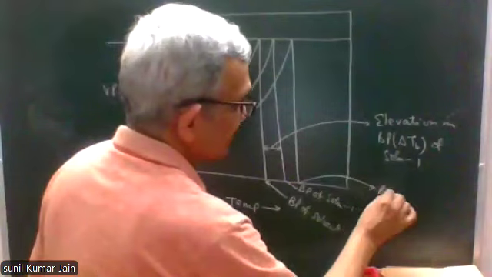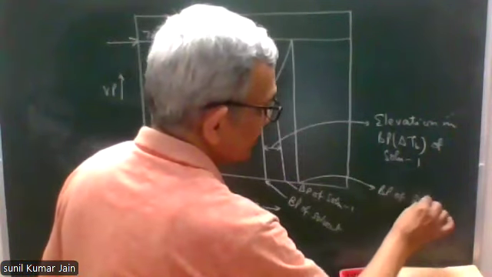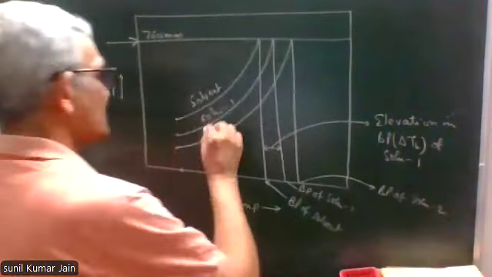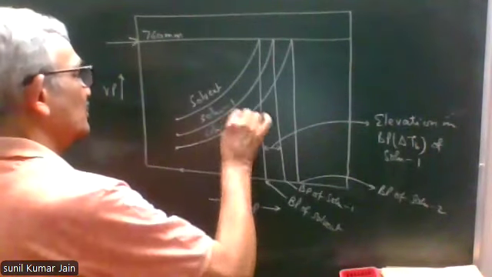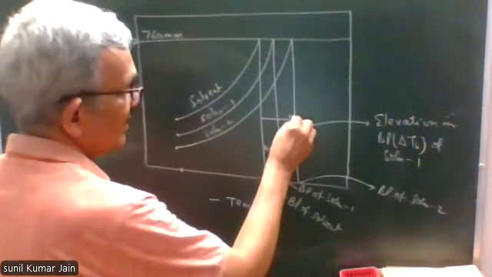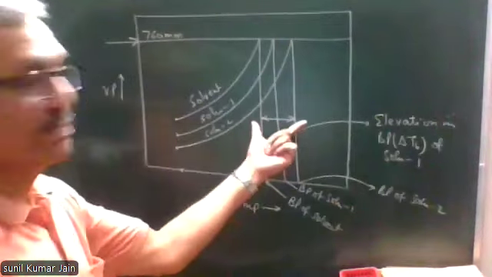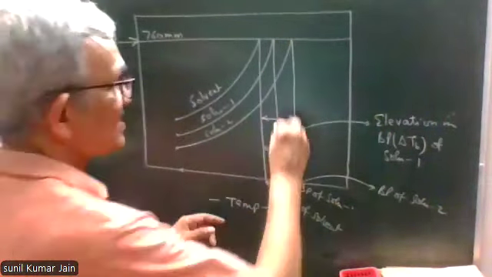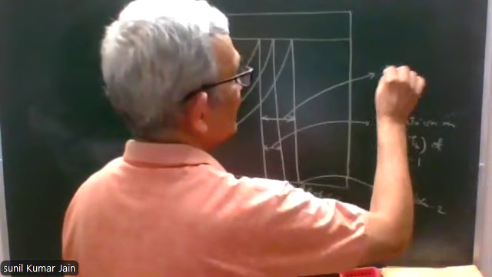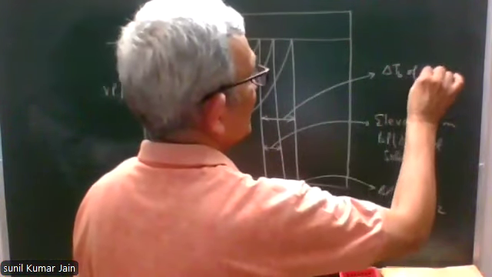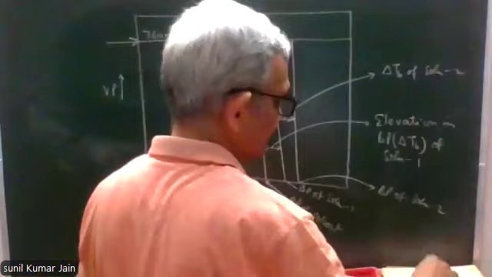This is BP of solution number 2. This is graph for solution number 2. And this bigger gap is delta TB of solution number 2.